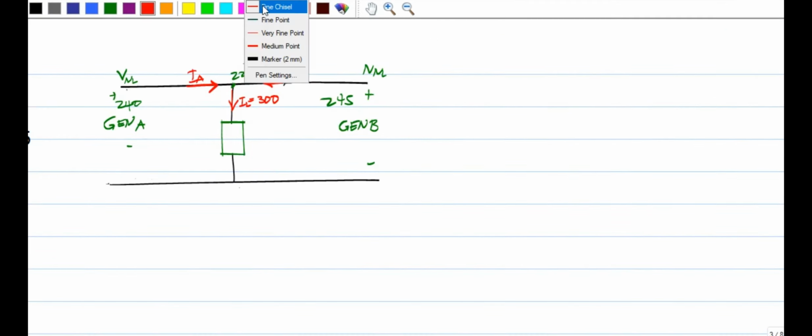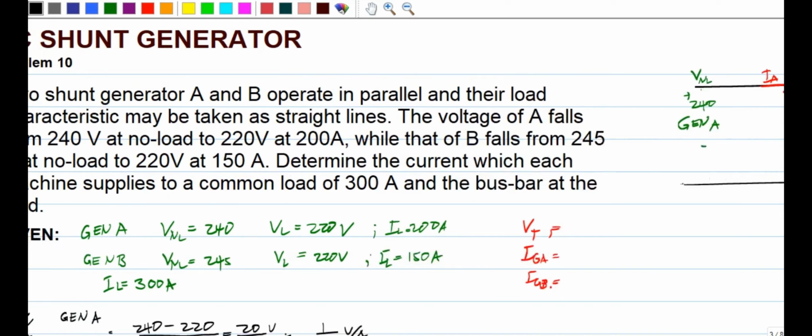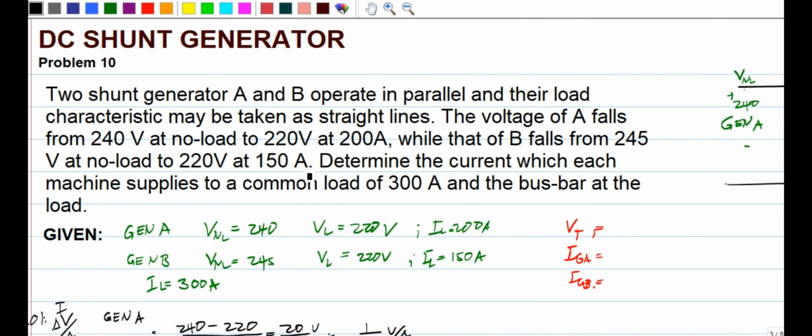We have here the circuit for generator A of 240 volts no load, and generator B of 245 volts no load, and 220 volts here is the initial voltage of the first condition.